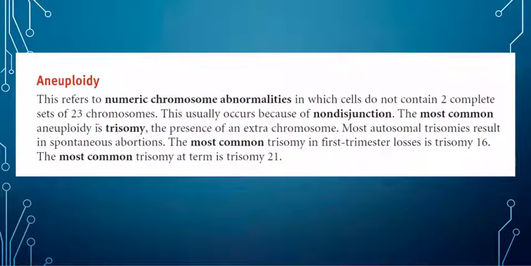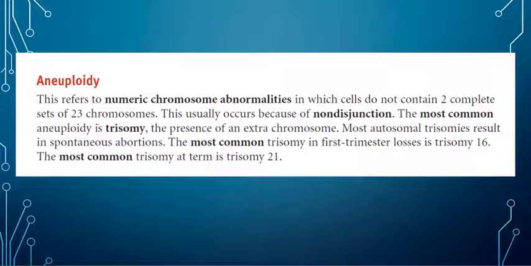Now, what is aneuploidy? Aneuploidy is a chromosomal abnormality in which cells do not contain the true complete 23 chromosomal set. All of you know that a human being has 23 pairs of chromosomes, and that's how we make 46 chromosomes. If these 2 complete sets of 23 chromosomes are not there, a little bit of abnormality is there. Sometimes 1 chromosome is missing.